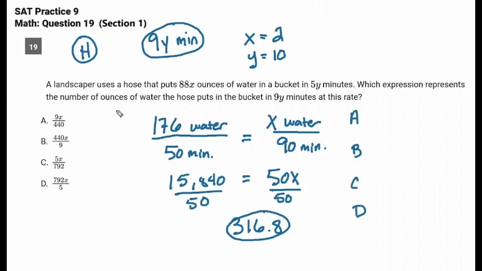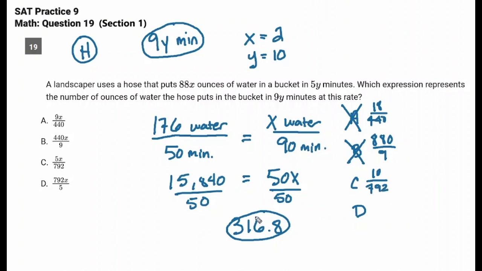A says 9x over 440. So that's 9 times 2, 18 over 440. Don't need to do anything with that. Obviously a little bitty fraction. 440 times x. 440 times 2 is 880 over 9. You can ballpark that. That's not going to be 316.8. This is easy. 5 times 2, that's 10 over 792.